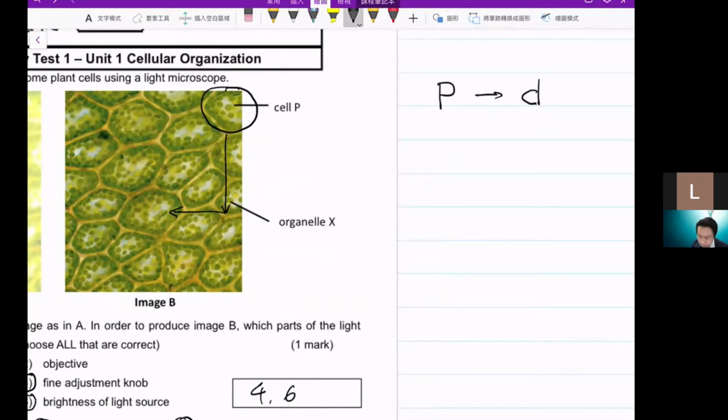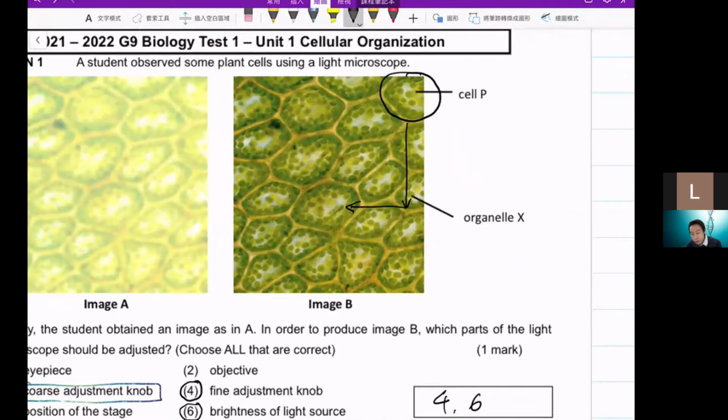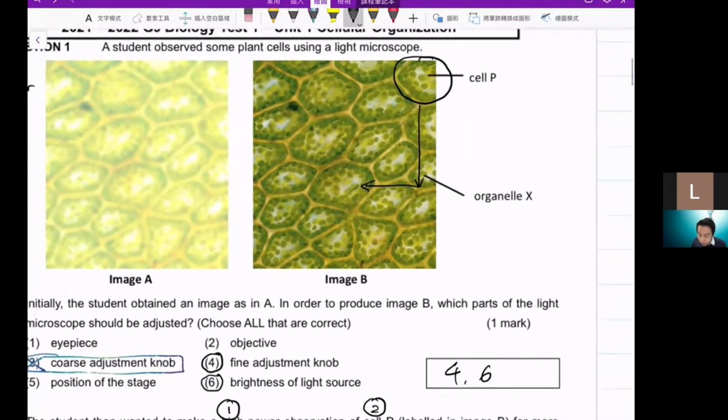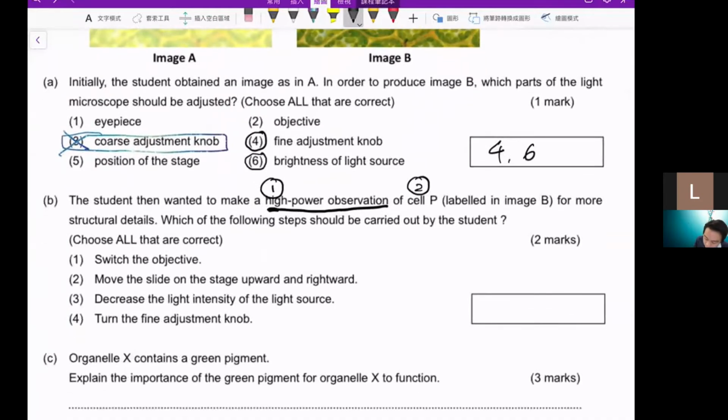Okay, the image is inverted. So go back here. If you want to move cell P to the center, you need to move it downward and leftward. Then to do this, you need to move the stage upward and rightward.